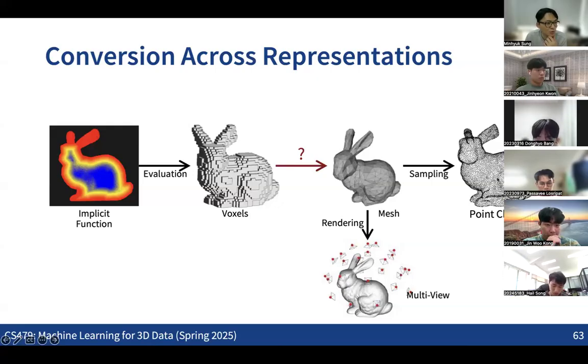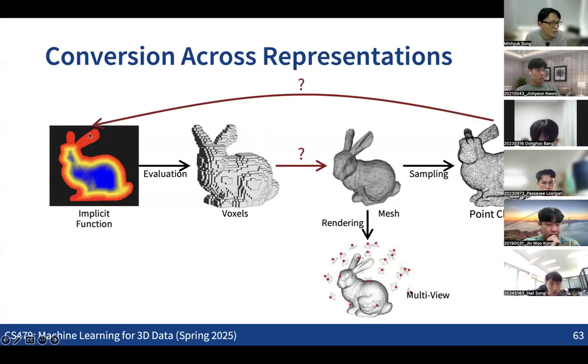But what if we want to do the other way around, from the point cloud to the implicit functions? For that, we need this way of conversion from the point cloud into the implicit function, which is also a challenging task. But if we know how to do conversion from the voxels into the mesh and also the point cloud into the implicit function, then we can make the loop for all the cases here.